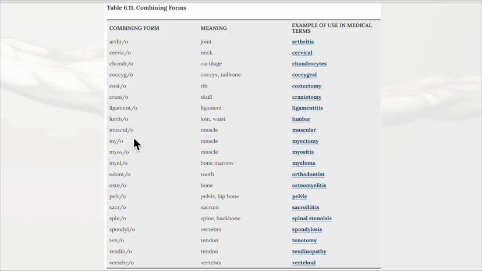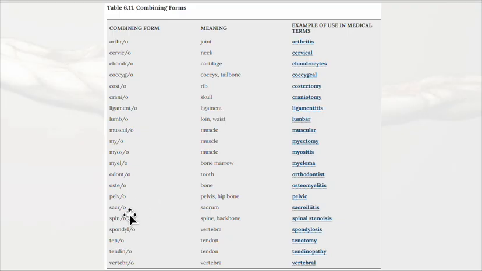Muscul is muscle, or myo or myos, so there are renditions of myo that are related to muscle. Myelo is similar to myo, but myelo is specifically pertaining to bone marrow. And we've seen myeloma, which refers to cancer of the bone marrow.